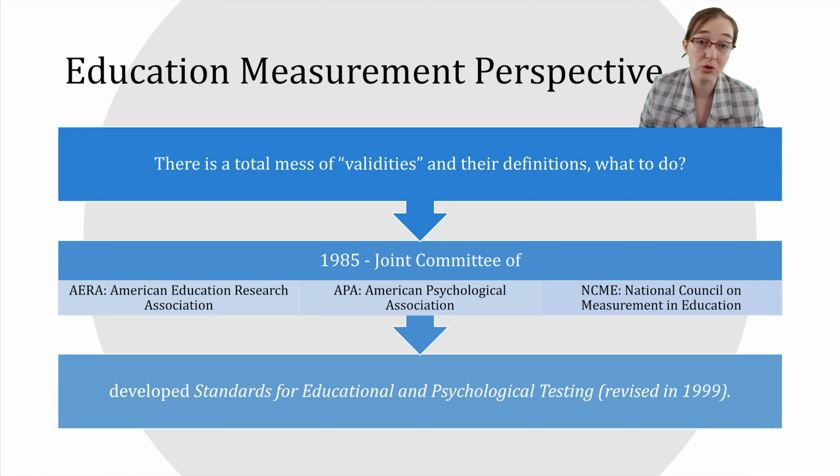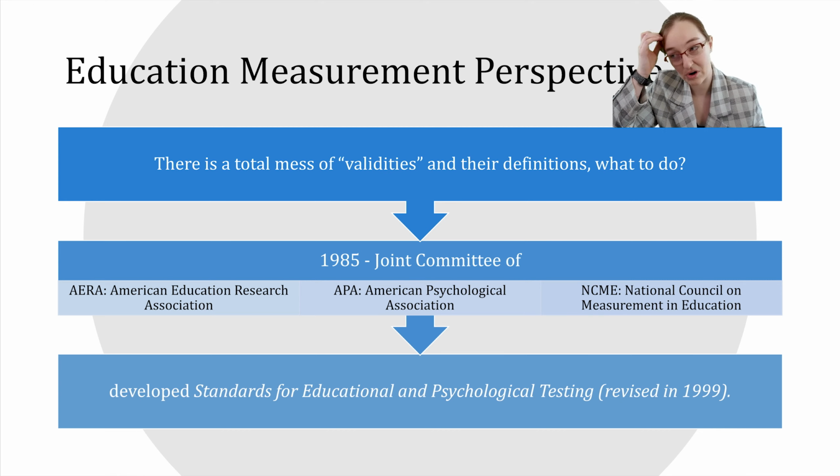So there's a total hot mess of validities out there that you've probably heard about. I've probably listed them: content, construct, face validity, which is not a real validity, concurrent, predictive, discriminant. I could keep going, but I don't want to muddle the waters even more.